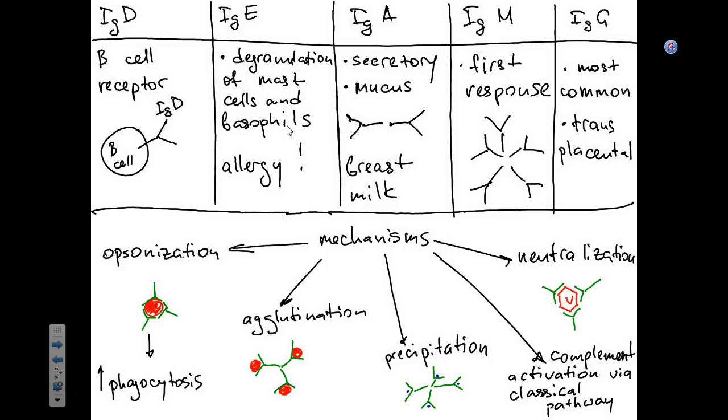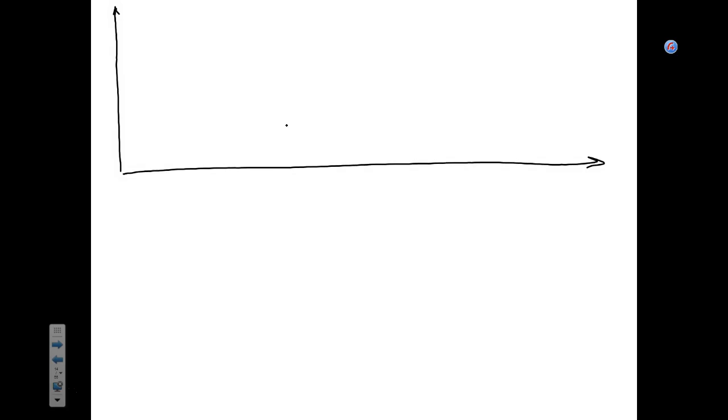Now, a few words about the primary and secondary response. This is fairly straightforward, I think. Let's put down the graph for the primary and secondary response. The y-axis is going to be the level of antibodies, and the x-axis is going to be time. This is going to be the primary exposure.